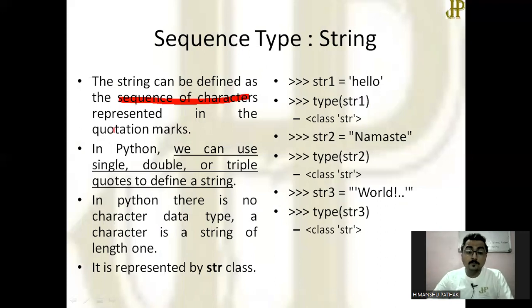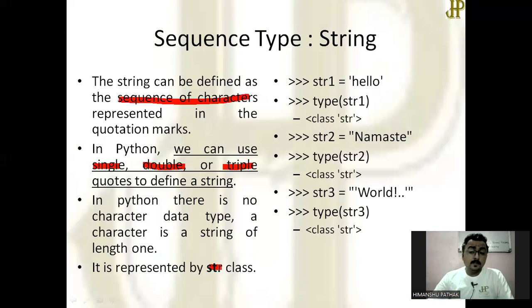Here you have to be very clear about that. In Python, we can use single quotation, double quotation, or triple quotation to define a string. Any one of them you can use to define the string. Clear? It is represented by the str class.